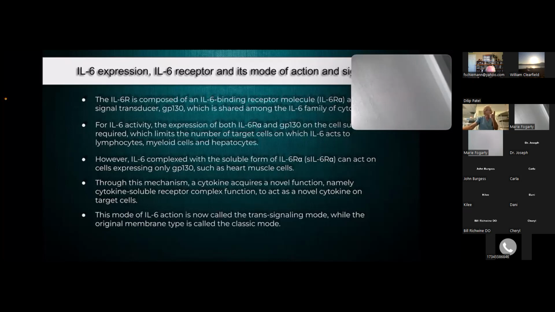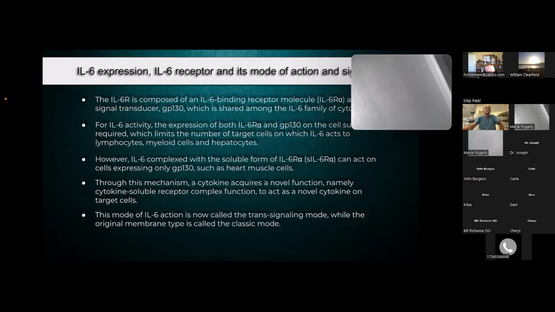This mode of interleukin-6 action is now called the trans-signaling mode. I guess the best way to describe it is that it's transitioning into other places. It's a transition to affecting all these different other organs, while the original membrane type is called the classic mode.